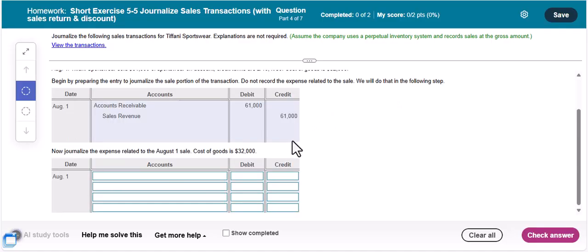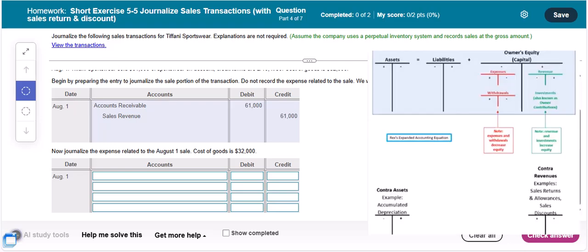Okay, now on August 1st, we are journalizing the expense related to this August 1st sale. That cost of goods is $32,000. So we have to update our inventory and we have to update our cost of goods, also called cost of goods sold. So cost of goods sold, do you remember what type of account that is? It is an expense.